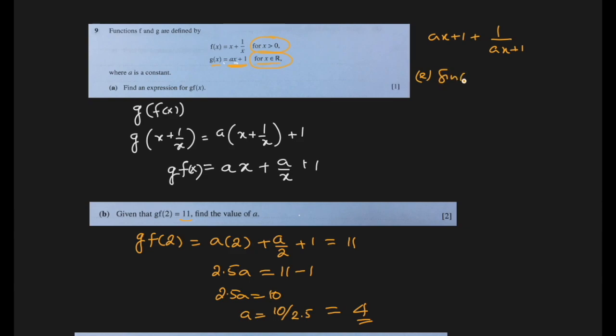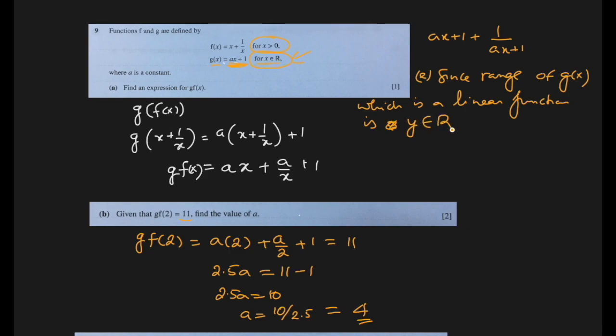Since this is the domain given here, but it's a linear graph, the range of g(x), which is a linear function, is y, an element of all real numbers.